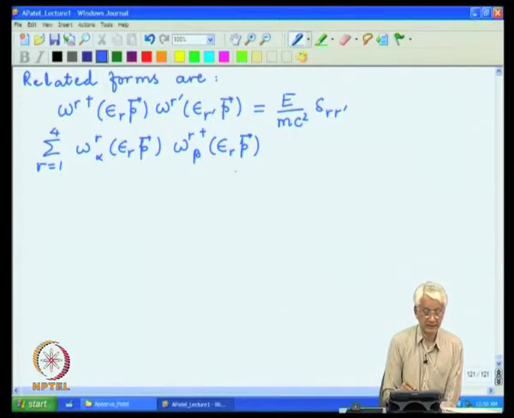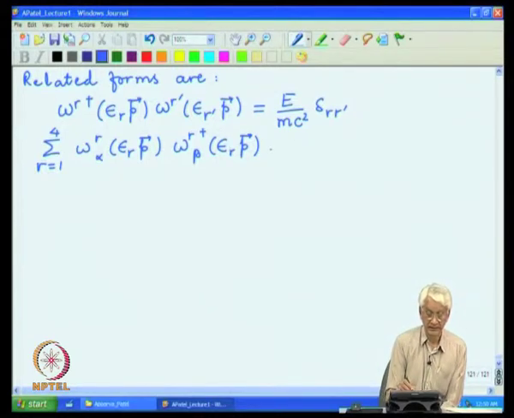So, this object will have the transformation rule again with all the S and S dagger involved, but it is not a place where S and S dagger will completely cancel out. It will still leave behind the Lorentz contraction factor.